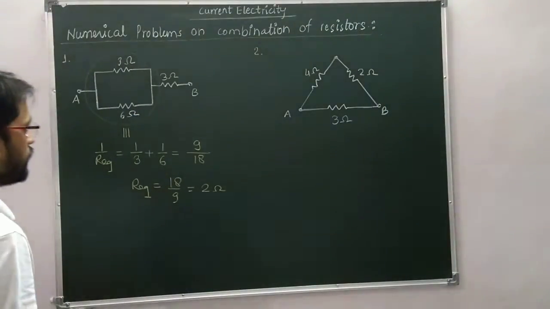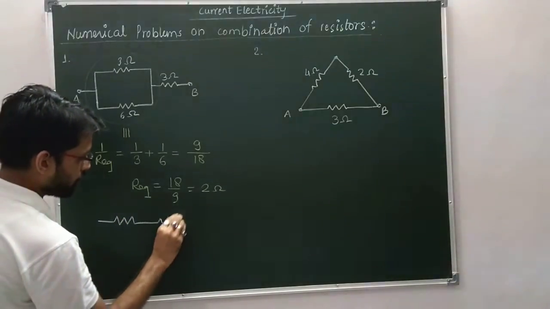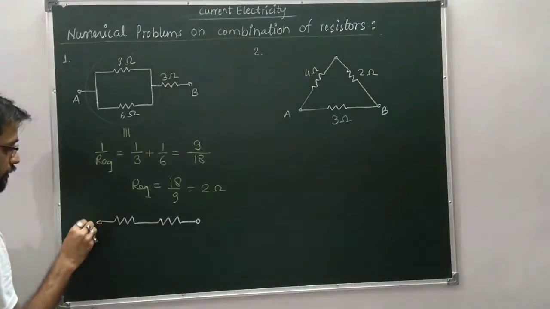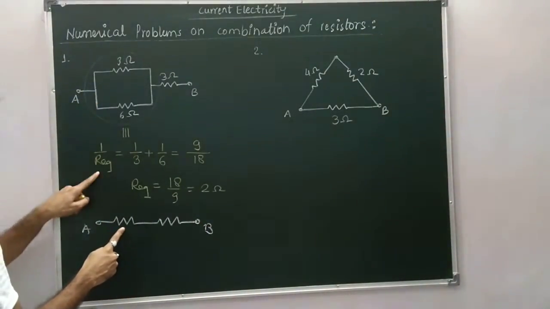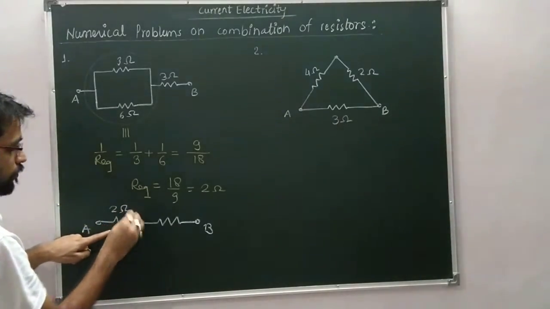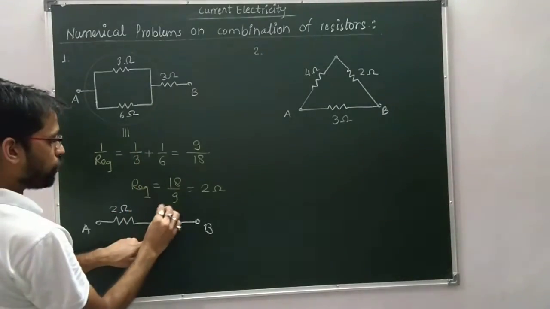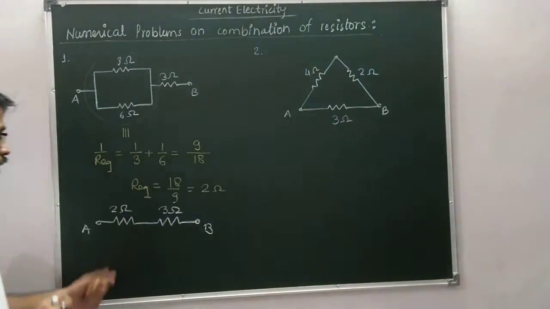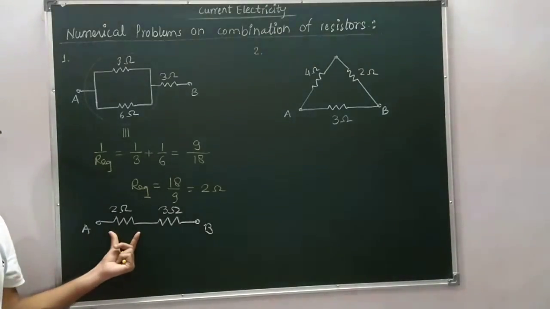So the new circuit will be like this: A, B, this is the equivalent resistance Req, which is 2 ohm, and the next resistance is 3 ohm. These two resistors are connected in series now.